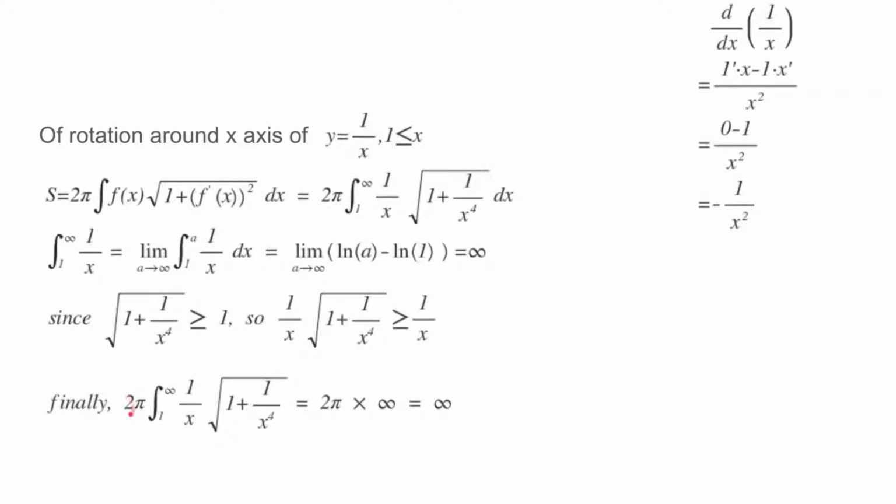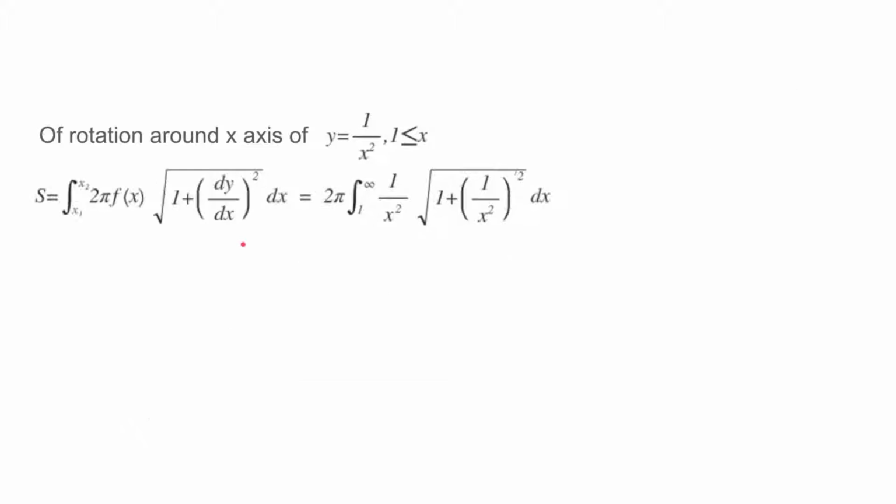Finally, we get 2 pi integral from 1 to infinity of 1 over x times the square root of 1 plus 1 over x to the 4th equals 2 pi times infinity, which equals infinity.